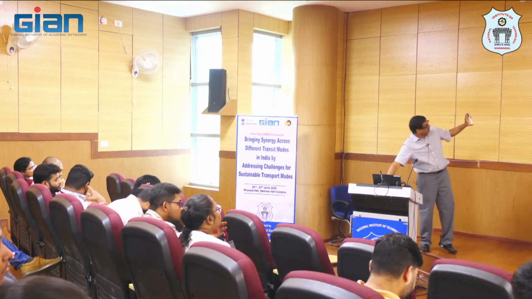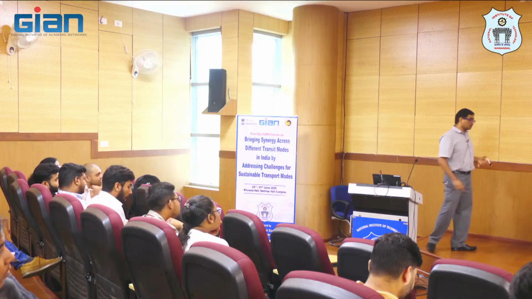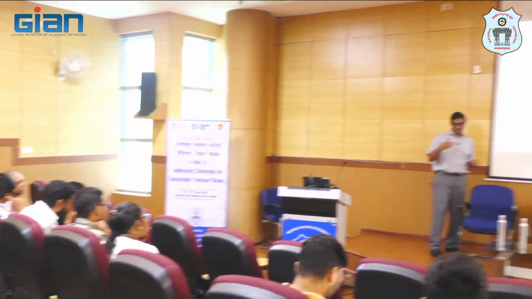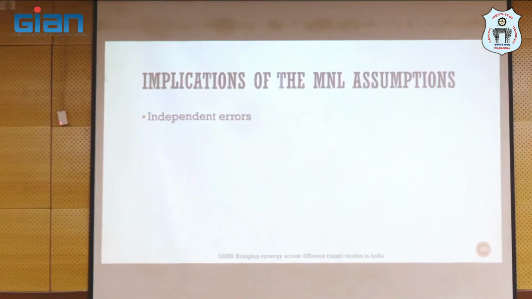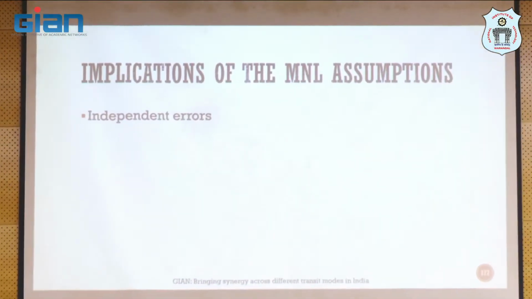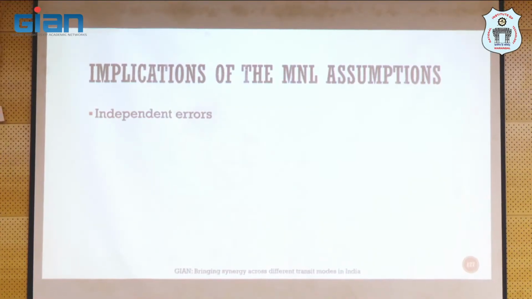So one thing I talk about is that when we get this derivation, we make some assumptions. The first assumption, and all of you might have heard some of these: the errors are independent. We assume that errors across people and errors across alternatives are independent. Again, that's not necessarily true all the time.